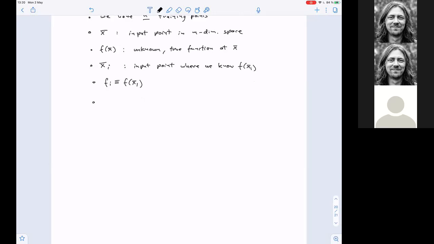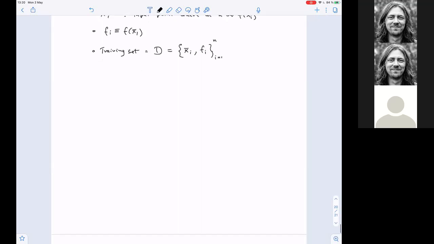So that means that we could think of our total training set as just the data, D, and that would then be the set of all our input points, x vector i, and the corresponding target values fi, where i here runs from 1 to n. So that's our data, our training set, and we will need yet more ways to represent this.